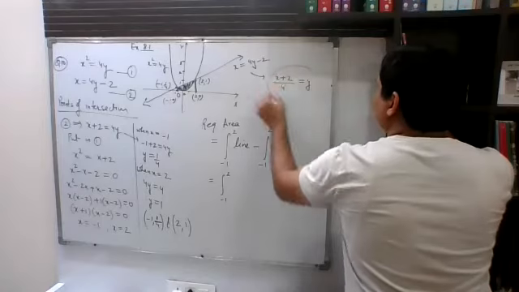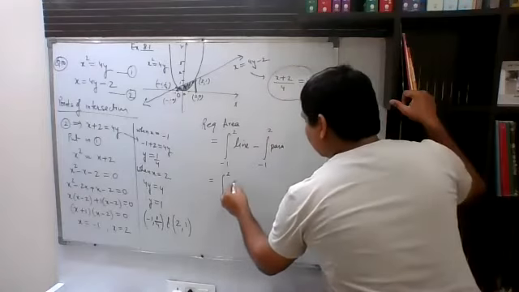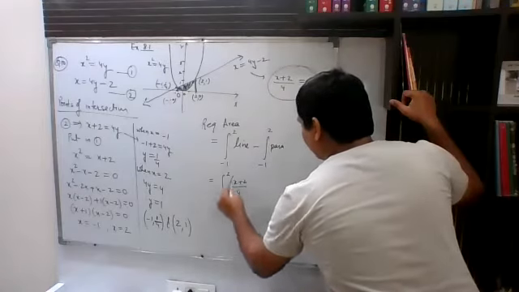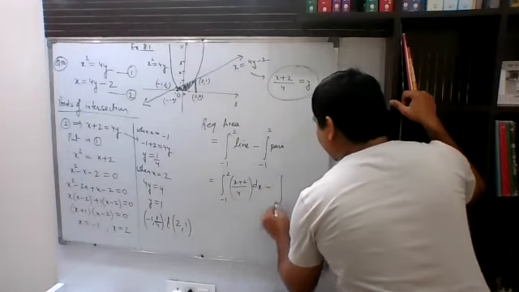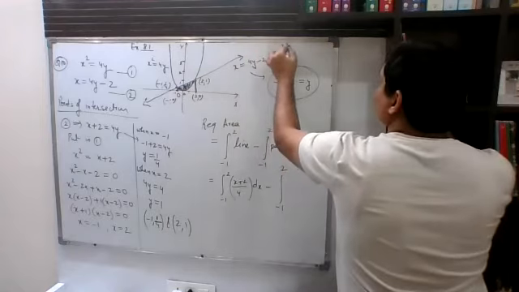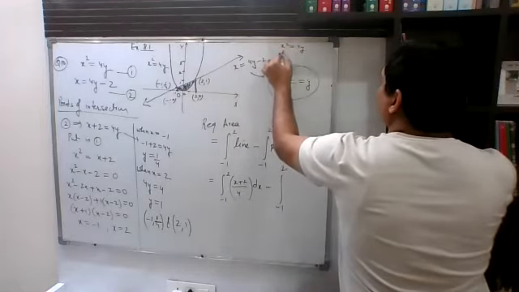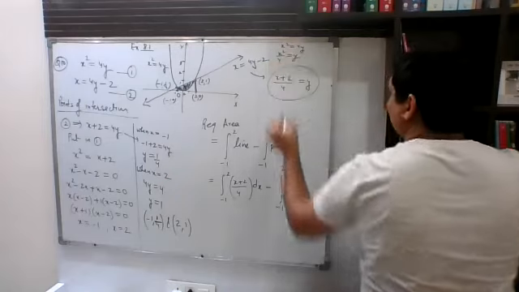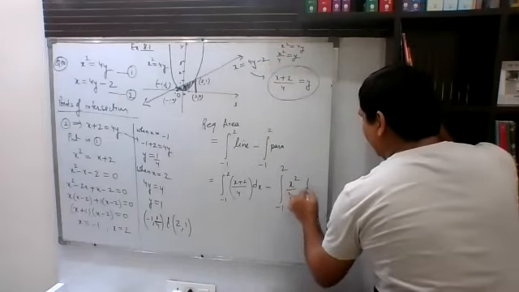For the parabola, x square is equal to 4y, so y will be equal to x square upon 4.